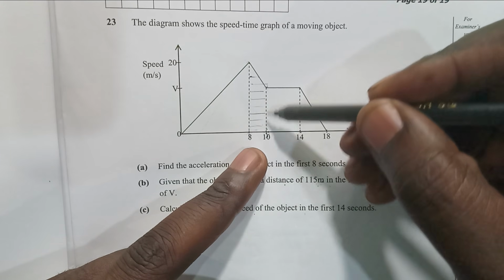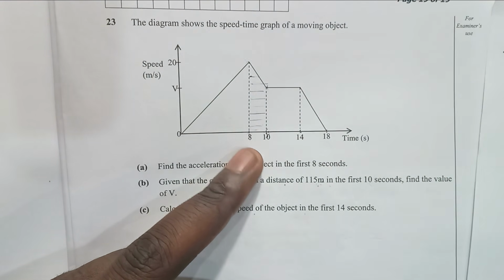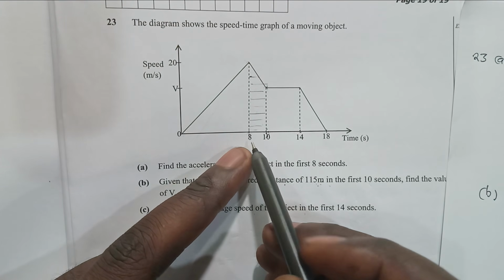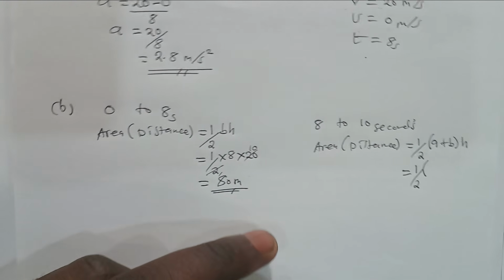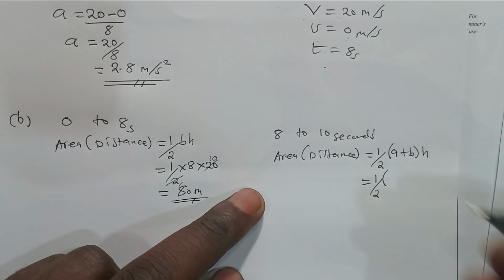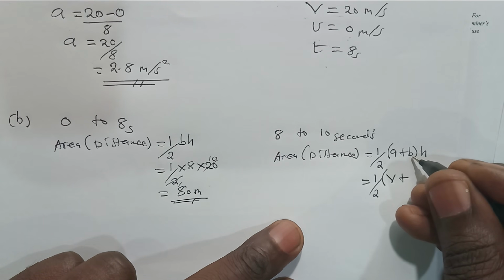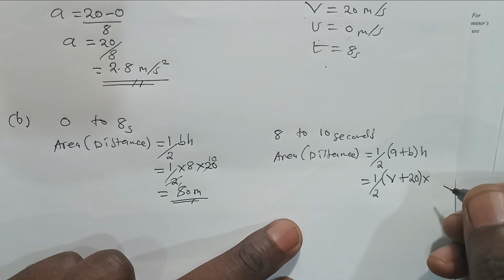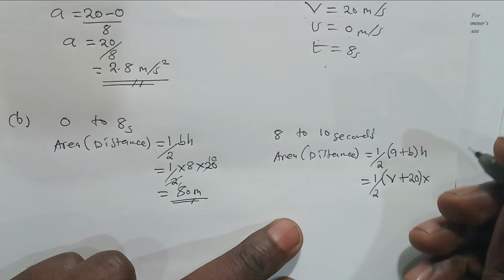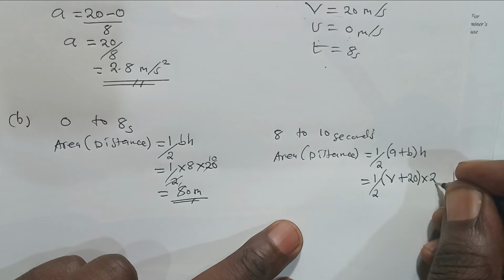So we are going to put V for A, then for B, we are going to use 20. For height, it's the difference between 8 and 10. So our A, we are saying, is equal to V because it's not known, plus our B is 20, which is the longer side, times our height, which is the difference between 8 and 10, which is 2.